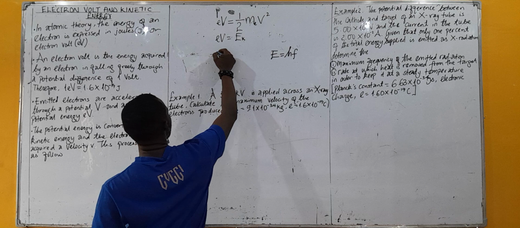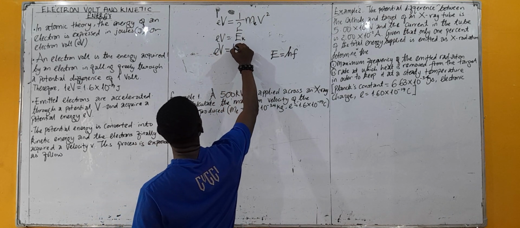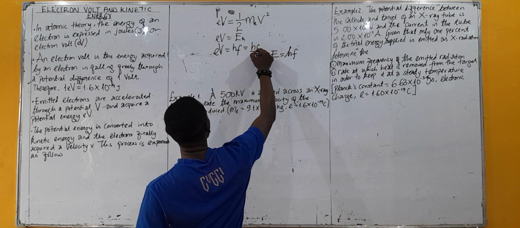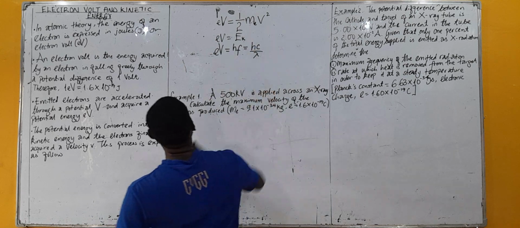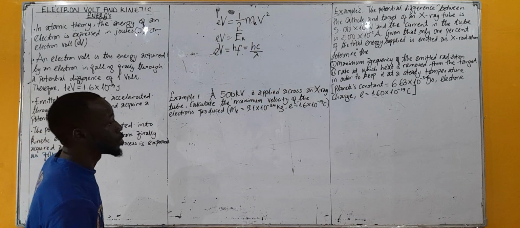So this can be expressed as eV is equal to hf, which is the same thing as hc over lambda. All these have been discussed in the previous video. So if you've not watched that, please go and watch that.